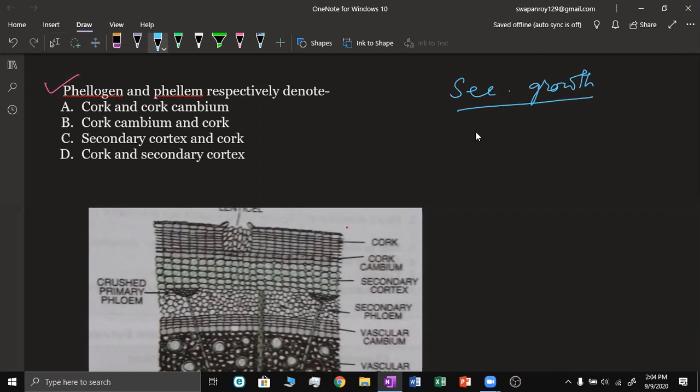This secondary growth in the stelar region is by vascular cambium.